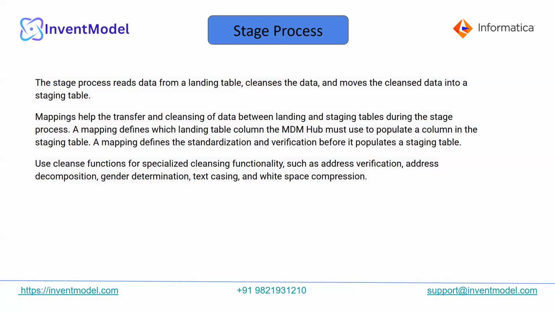A mapping defines the standardization and verification before it populates the staging table. So basically, once we have the data, we load it into the staging table after following certain operations.